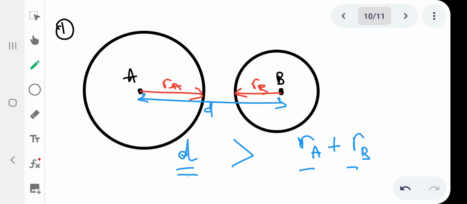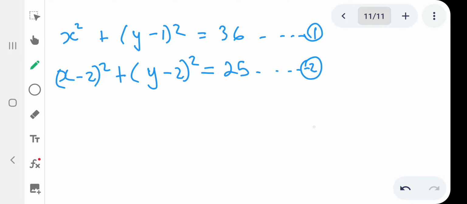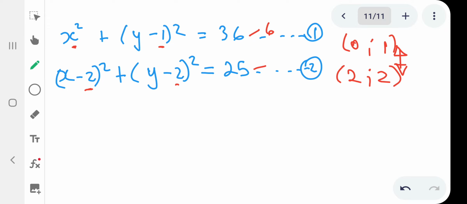What you must do is calculate the distance between their centers. The coordinates of the center of the first equation will be (0, 1), and the other one will be (2, 2). So we calculate the distance between these two using the distance formula. Then we compare with the radii. The radius of the first will be 6, right? And the radius of the other will be 5.